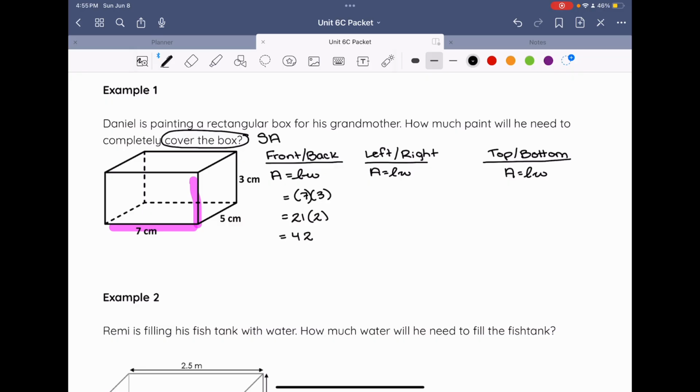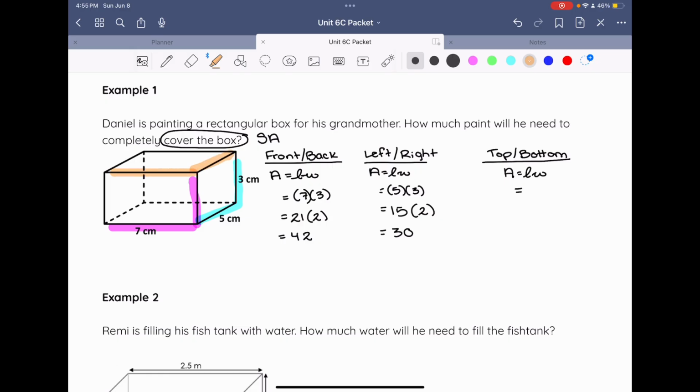The left and the right, those dimensions, 5 by 3. And then again, there are 2 of them, so I'm going to multiply by 2. And the top and bottom are going to give us 7 by 5. So 7 times 5, 35.